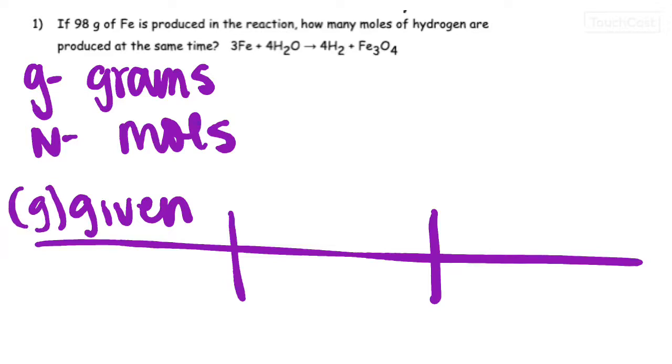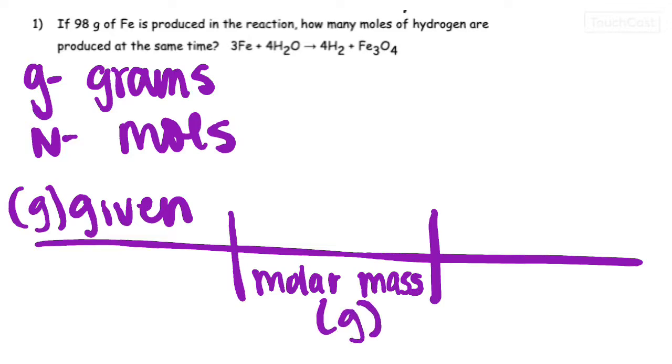So I need to cancel out grams, so I'm going to use my molar mass, which is in grams per 1 mole. Now remember, guys, my molar mass is going to be the molar mass of my given. And this is also moles of my given.